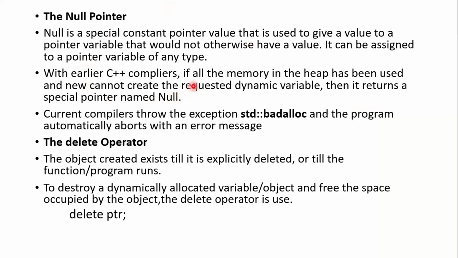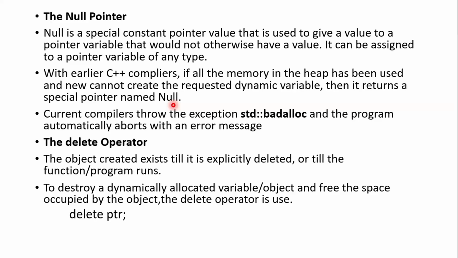With earlier C++ compilers, if all the memory in the heap had been used and you could not create the requested dynamic variable, then it returned a special pointer named null. I mean, in the old C++ compilers, when the memory was full and the new operator was not able to create any dynamic variable, it used to return a special pointer called null.